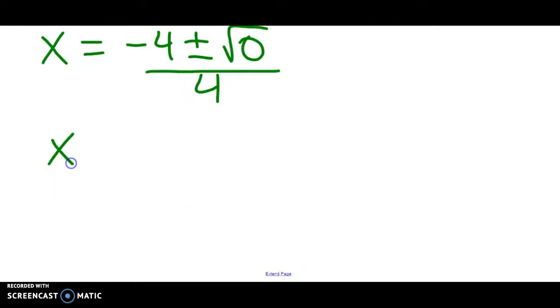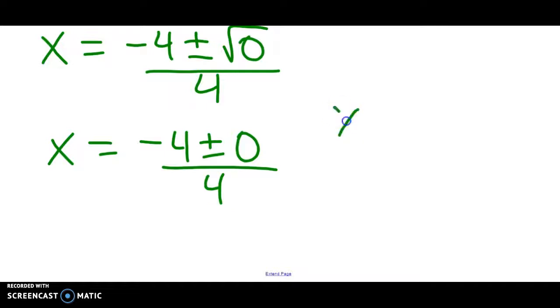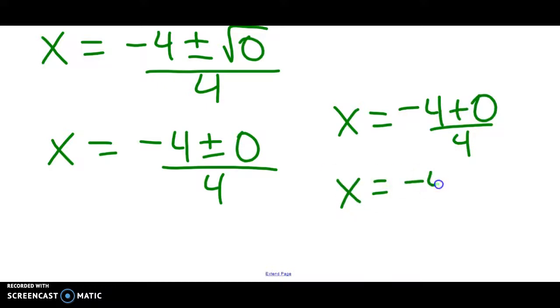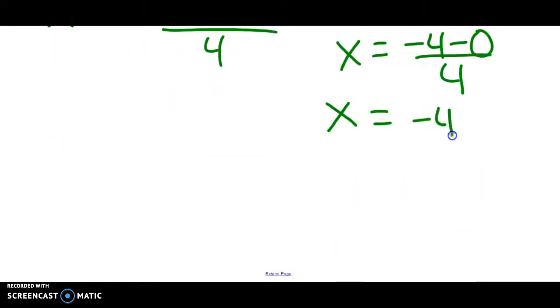So again, we can make two equations, negative 4 plus or minus. The square root of 0 is just 0. So if we were to make the two equations, negative 4 plus 0 over 4 and negative 4 minus 0 over 4, you see that all we get from that is just negative 4 over 4, or x equals negative 1.